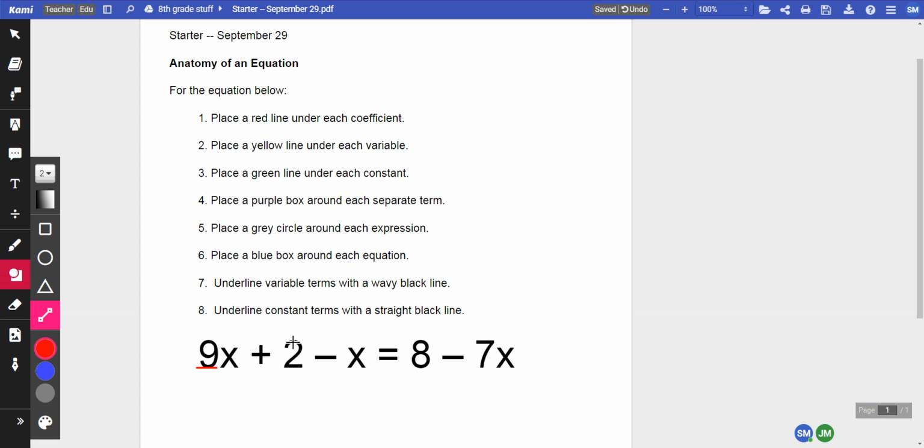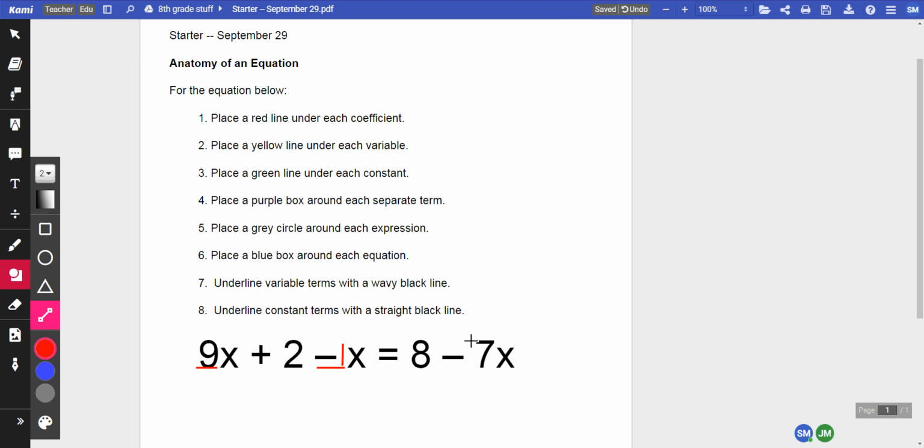Let's see, this doesn't have a variable. Oh, okay, x is a variable. What's the invisible coefficient when I don't have a coefficient? It is 1. And in this case, it's actually -1 because we have a negative there. So there's my coefficient, -1.